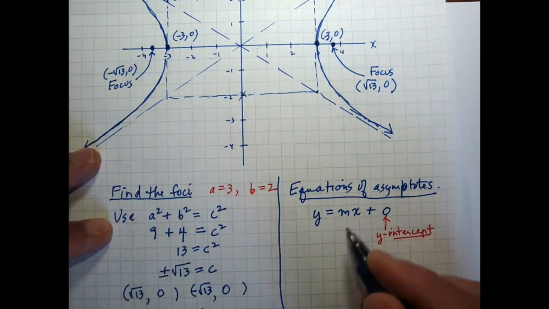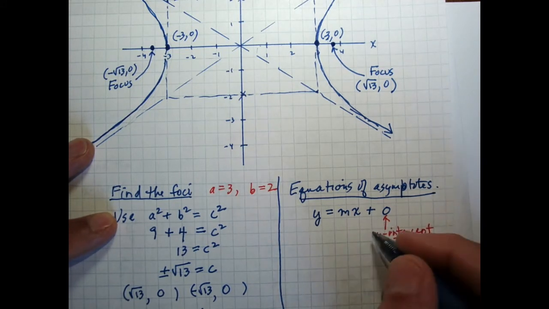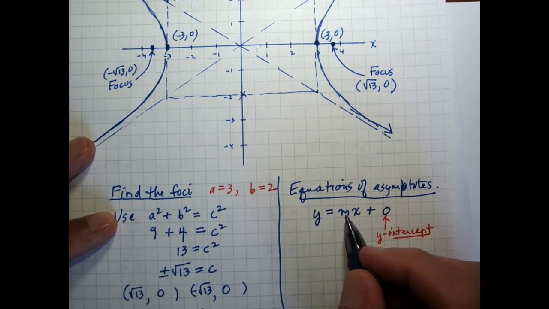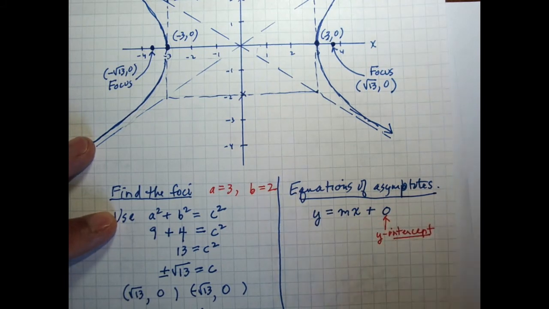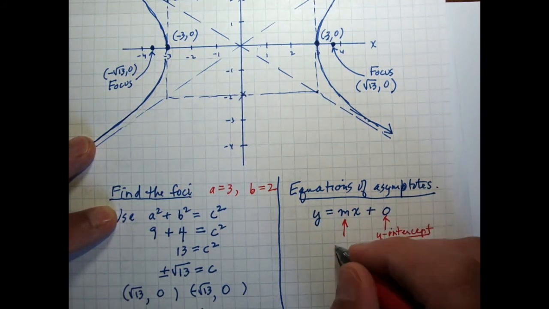So all we need to do is find the slope. And the slopes are going to be opposites of each other. So we're going to get y equals mx, and we're also going to get y equals minus mx.